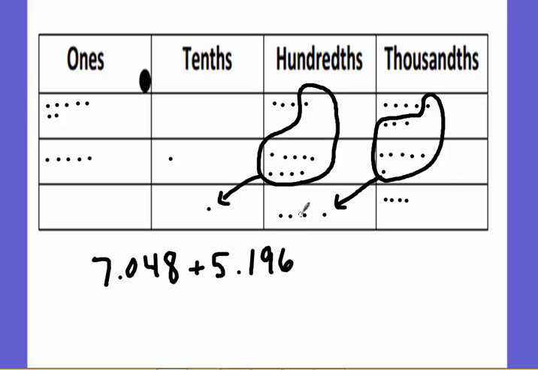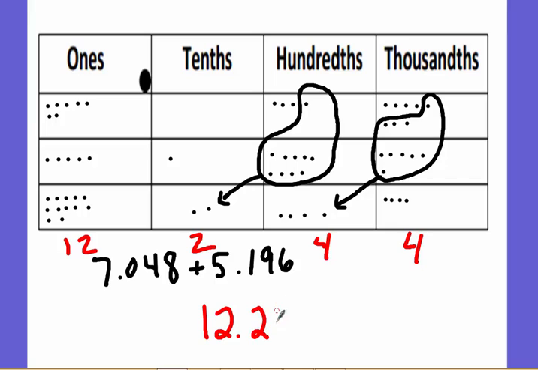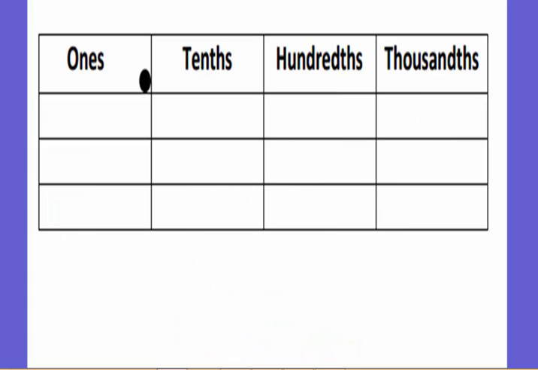There's only 1 tenth here, so I add that. And then I have 7 dots plus 5 dots is 12. So my answer that I'm left with is 12 ones, 2 tenths, 4 hundredths, 4 thousandths. My answer is 12 and 244 thousandths.